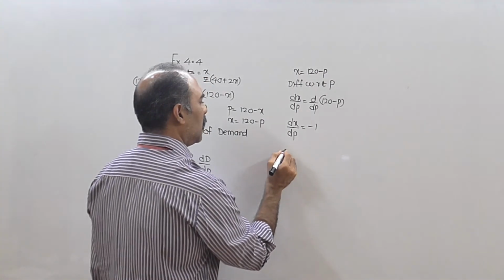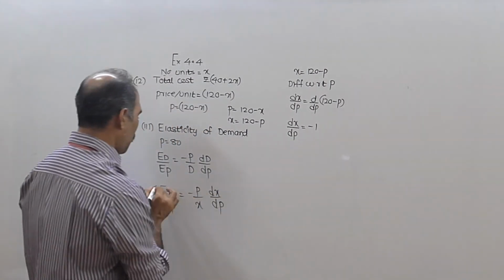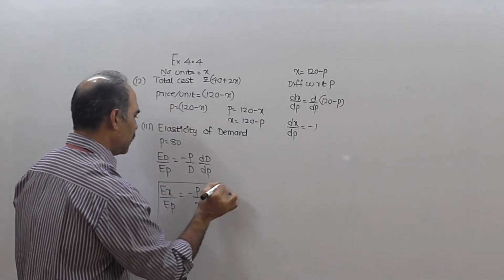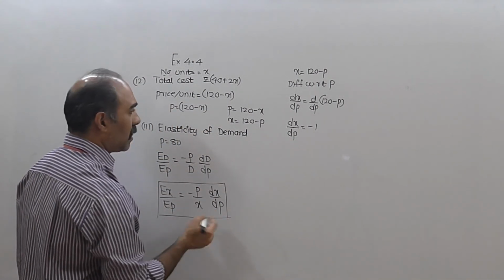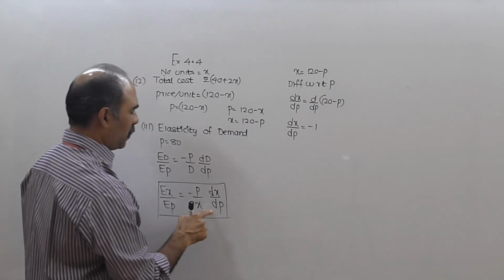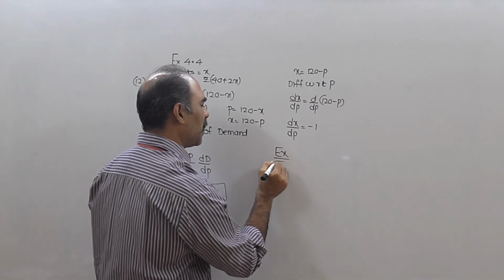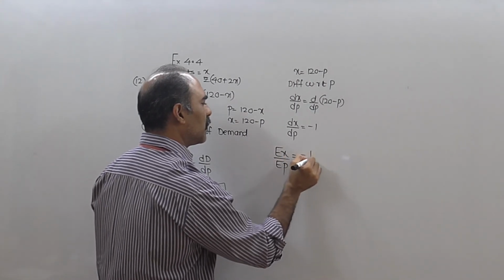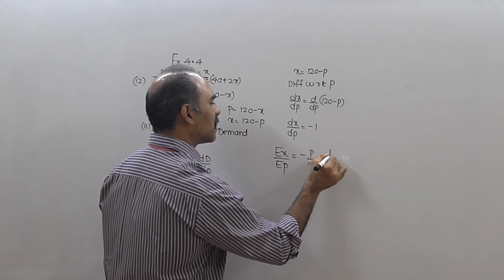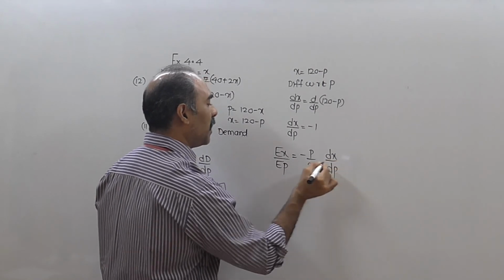Now I have to put in all the values that I know. Tell me, what values do you know? Okay, I'll write the formula again. The formula is EX upon EP equal to minus P upon X, dX upon dP.